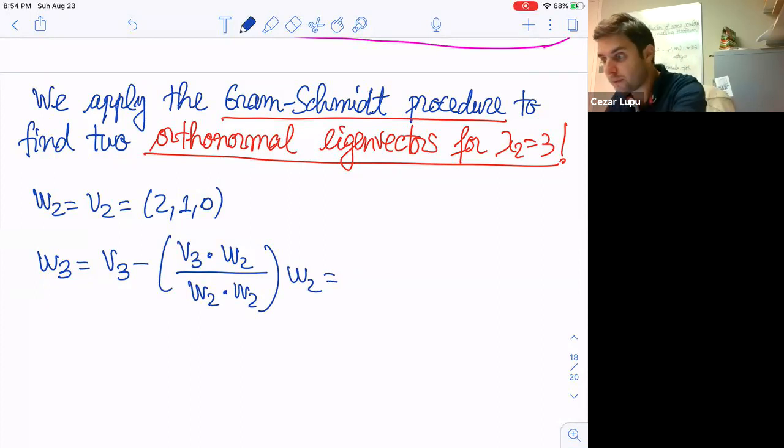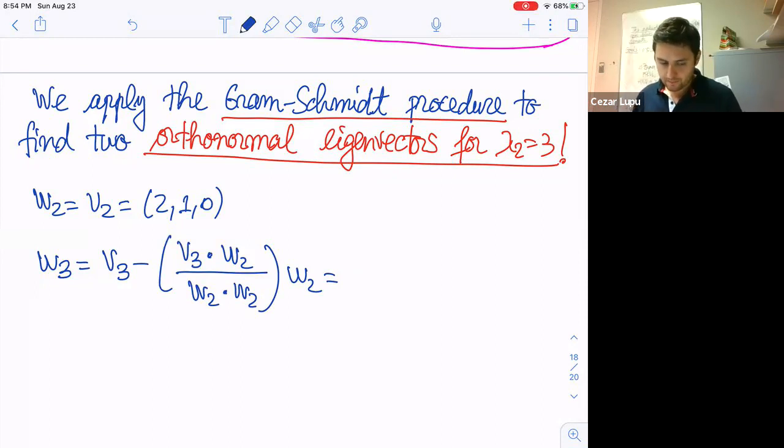If we do all these computations, this will give us negative 2 over 5, 4 over 5, and 1. And now we normalize these vectors.